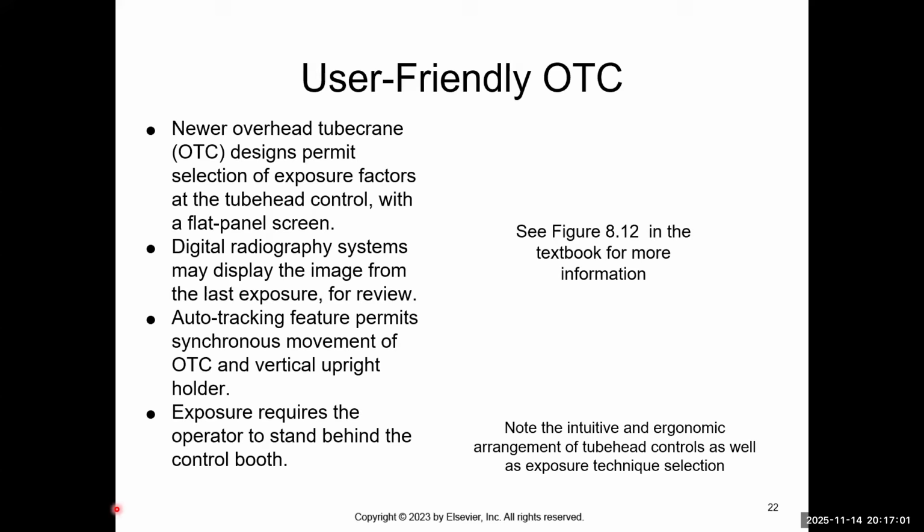But the newer ones have the controls there as well. So you can go ahead and set and see the mA station, the time, the kVp, etc. And there's a picture in your book where it shows you that. And of course, it has a flat panel screen that's easy to manipulate, just like your X-ray console.